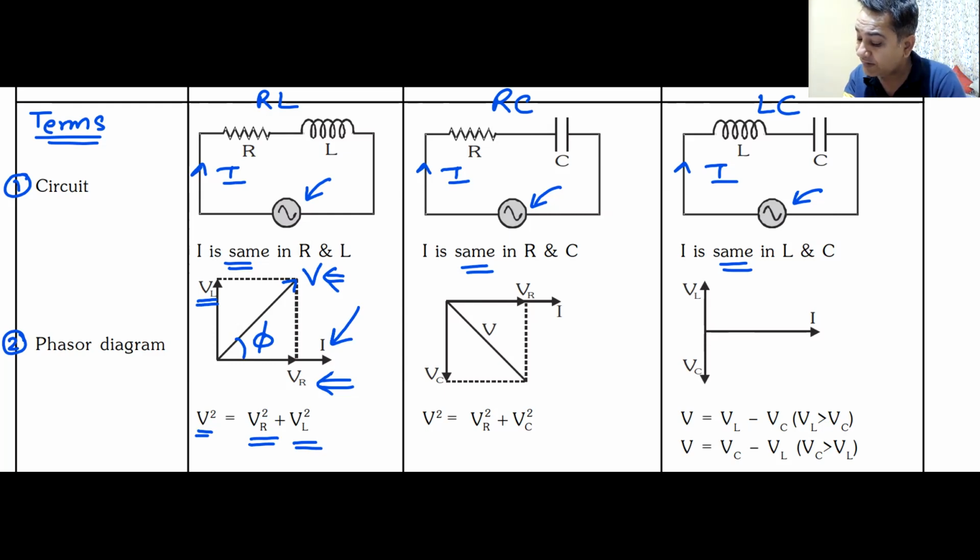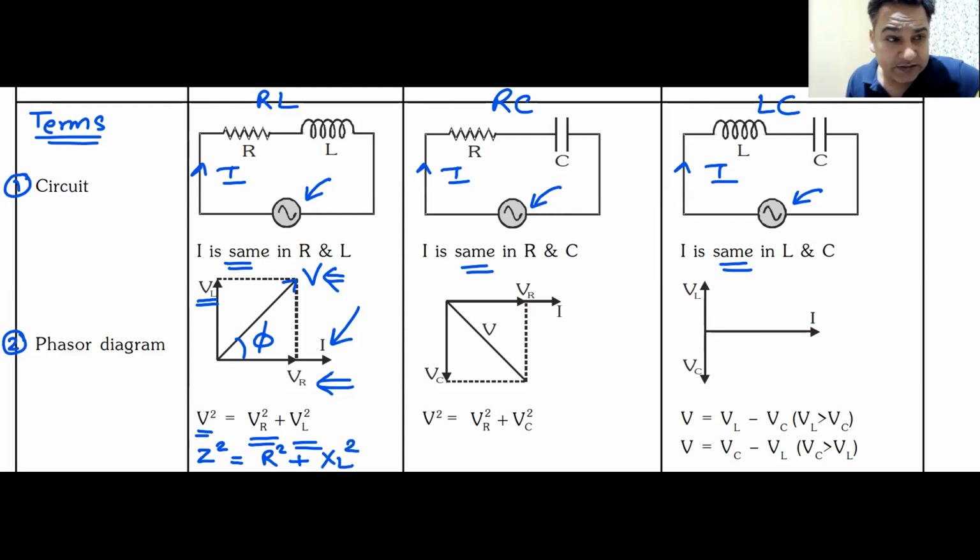We have already seen this, yes or no? So you can write it in terms of voltage, or you can write it in terms of Z. Z square, which is the impedance, will be equal to R square plus XL squared.